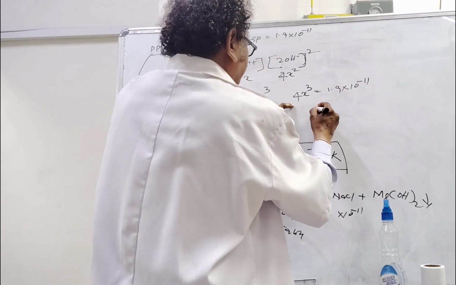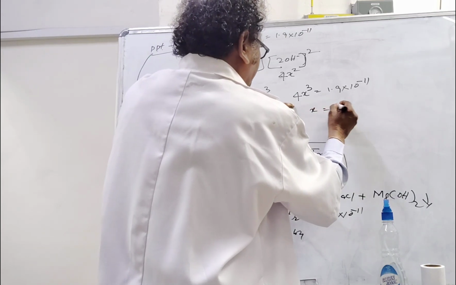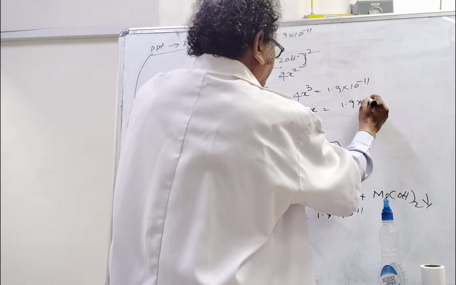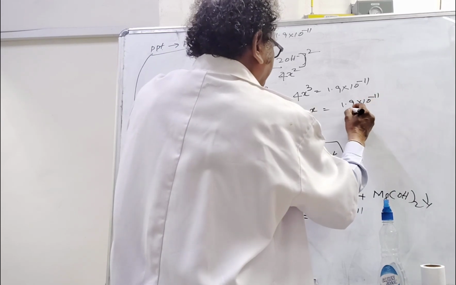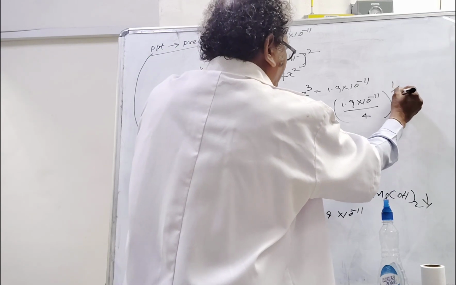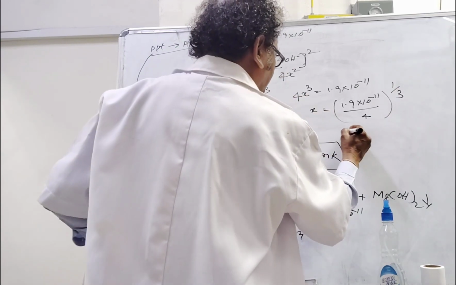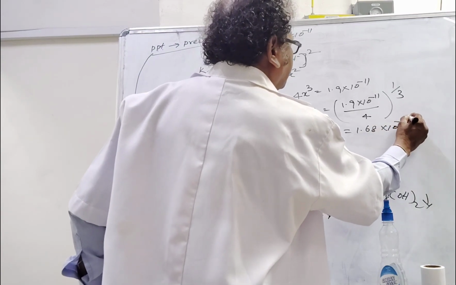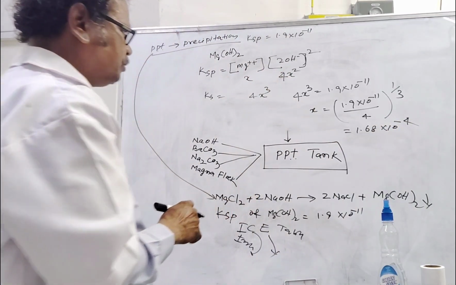Then X is equal to (1.9 into 10 to the power minus 11 by 4) to the power 1 by 3, which is equal to 1.68 into 10 to the power minus 4. Okay, good.